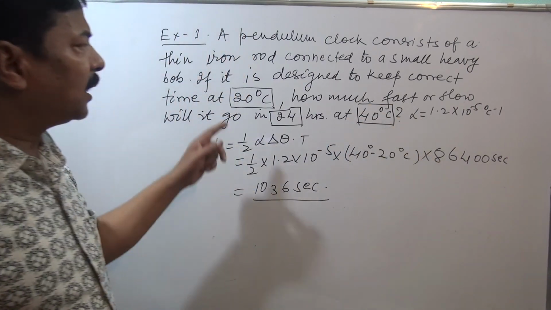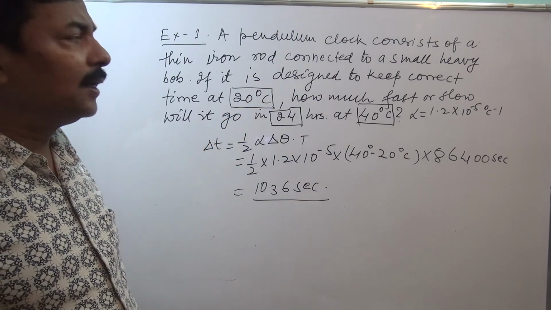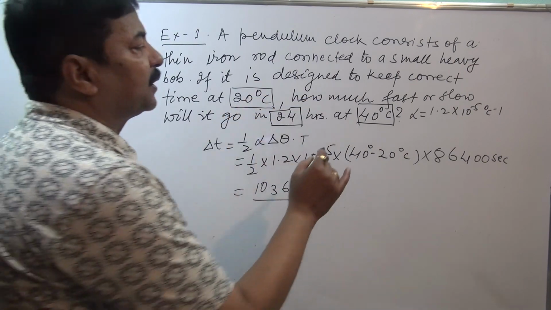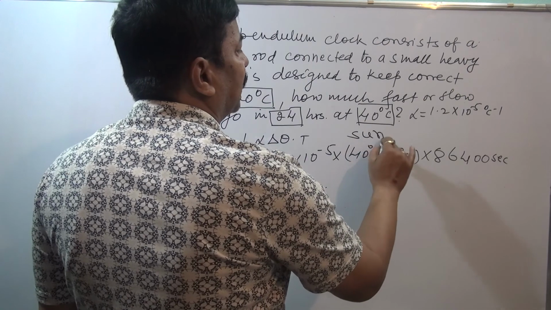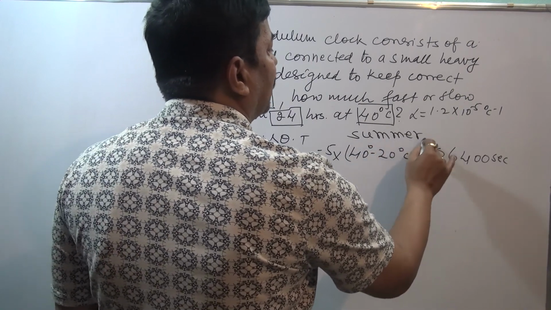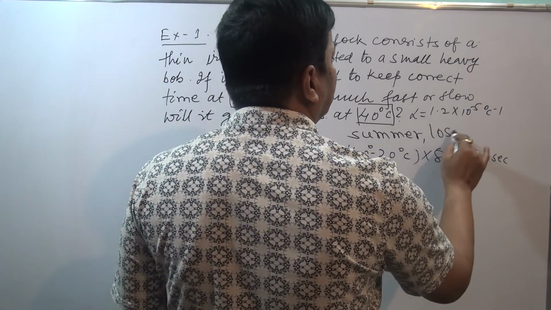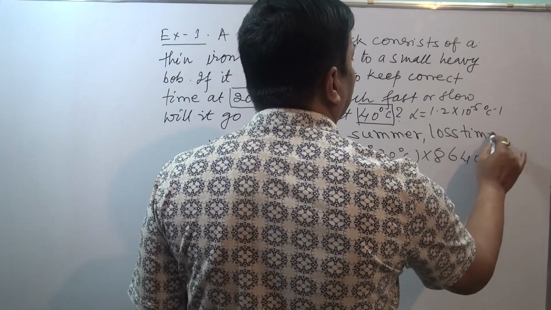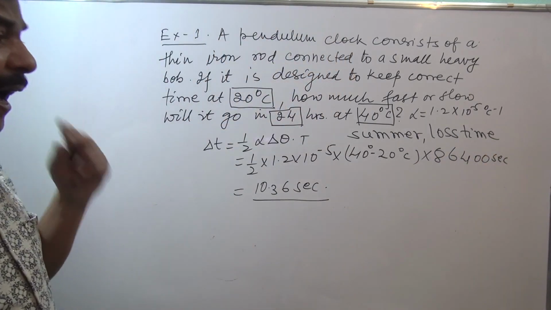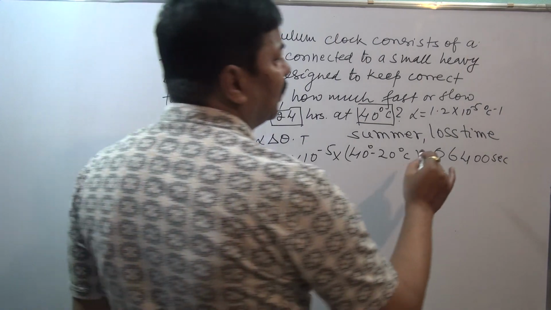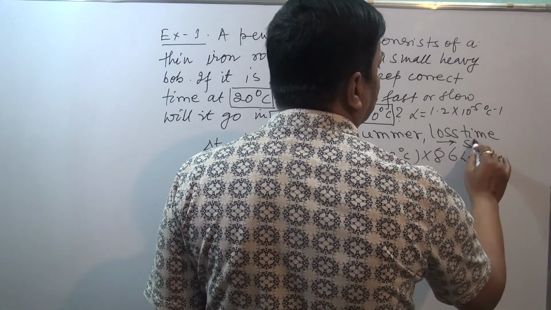So naturally the temperature is increasing, so it is the case of summer. And summer means loss in time. So it is the case of loss in time. And it means the clock will become slow.